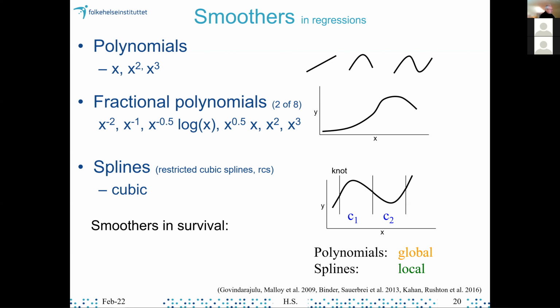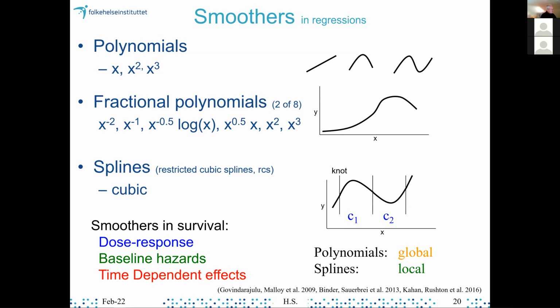Splines are used in survival models in three different ways. We use them to model the dose-response relationship, as we do in all other models, but also to model the baseline hazards and to model time-dependent effects. So all of these use splines as smoothers.